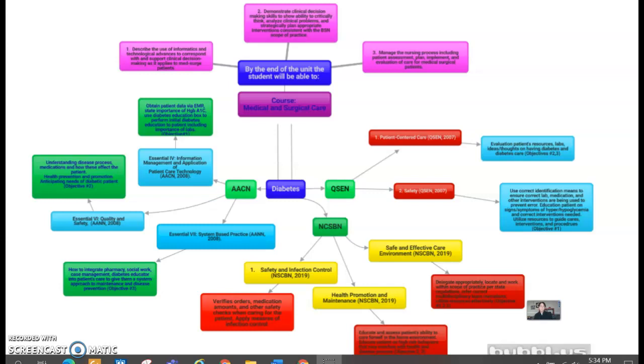The way that those interventions are put into the curriculum, and the tools used to implement these into the curriculum, were the AACN, the QSEN, and the NCSBN competencies and tools. And I showed how each one implemented each objective and how that would be implemented.